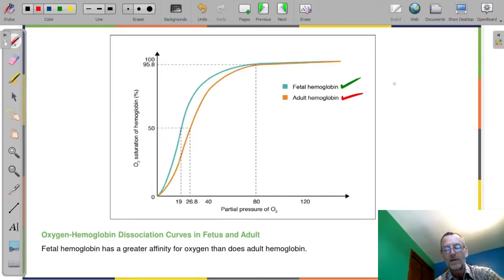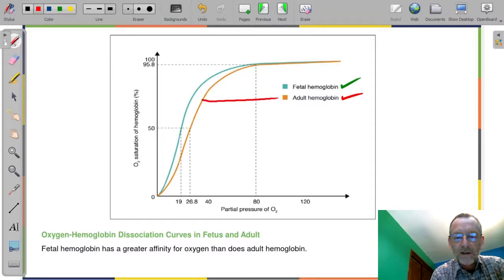So, in utero, remember that the fetus needs to get all of its oxygen stolen from mom's blood at the placenta. So here are two curves, and if you're doing black and white, it's a little hard to see with the color, so I'll go ahead and label this. This is the adult hemoglobin curve, and this is the fetal hemoglobin curve.